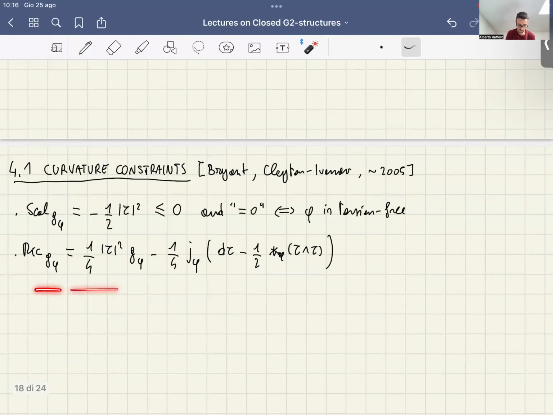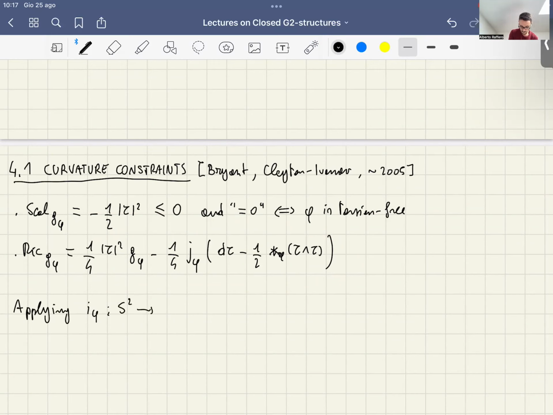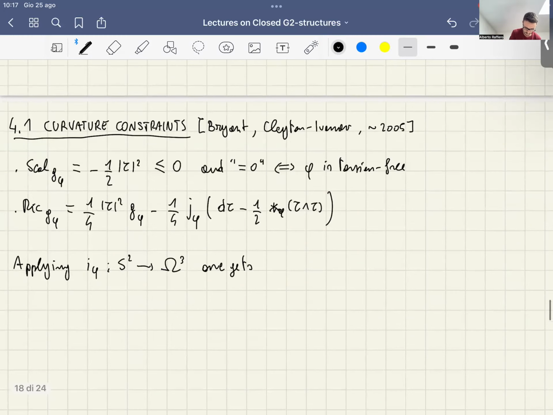Now, from this identity here, if you apply the map I phi going from symmetric two-tensors to three-forms, whose pointwise definition was also given in the first lecture, then one gets that the exterior differential of tau has the following expression.